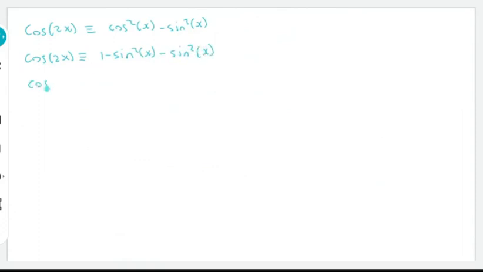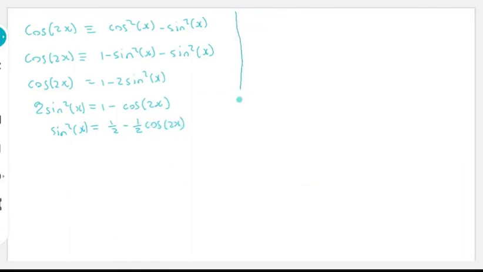So I get cos of 2x is equal to 1 minus 2 sine squared x. Adding the 2 sine squared x to both sides and taking away cos 2x, I get 2 sine squared x is equal to 1 minus cos of 2x. So I get sine squared x is a half minus a half cos 2x.